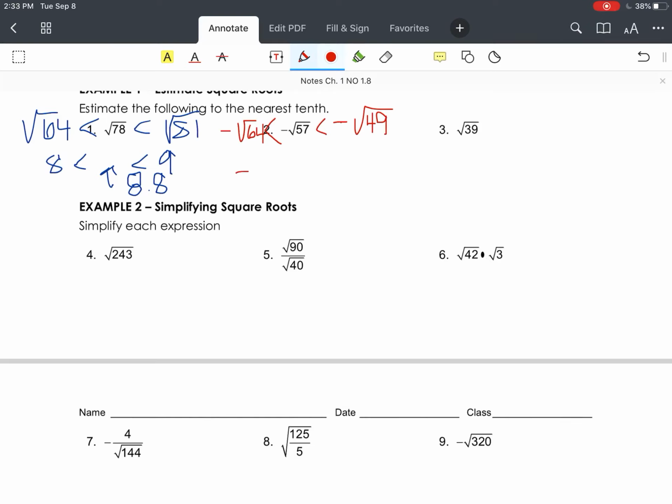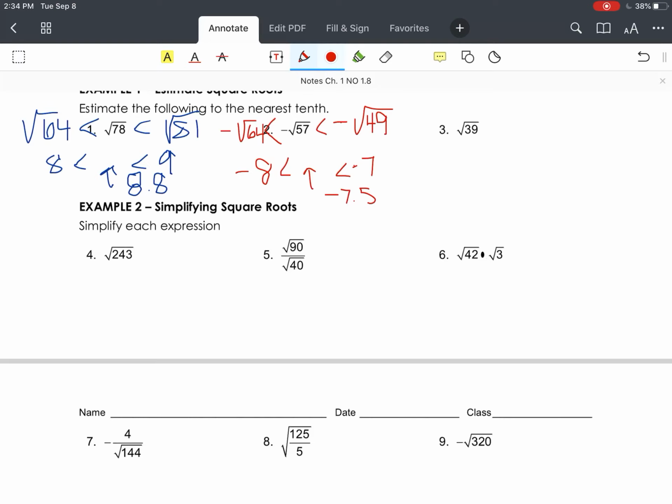Well, the square root of negative 64 would be negative 8, and then this would be negative 7. Well, 57 is kind of right between 49 and 64, so it actually turns out that this number here is negative 7.5, right in the smack dab middle.